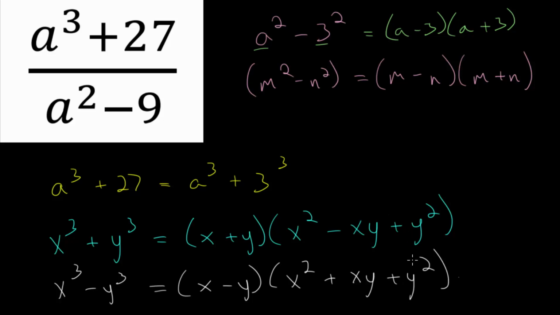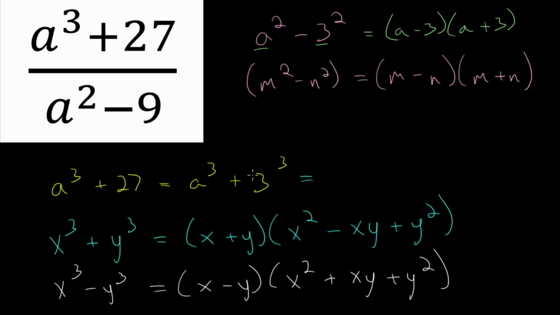And you can see that's true for the difference. The first sign is the same, the second sign is the opposite, and the last sign is positive. But like I mentioned, these can be a little bit difficult to remember, and in many cases you will just have to memorize these. So let's apply our formula for a sum of two cubes.